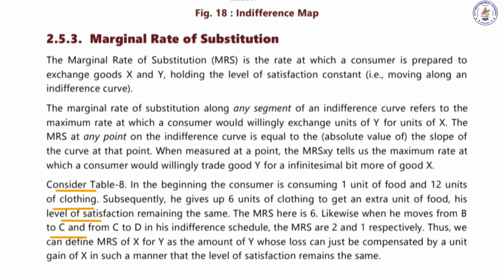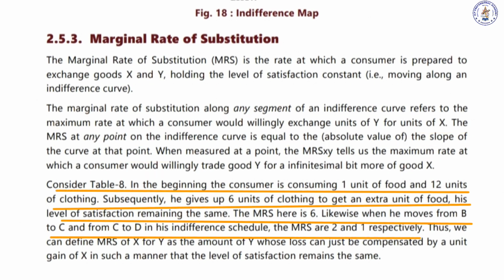Now take Table number 8. We see the various combinations, that is, the movement along the indifference curve. For every extra unit of food, he is ready to forgo a unit of clothing. So this is the MRS of X for Y: for any loss of clothing, he gets the happiness derived from the same unit of food that he is ready to consume.